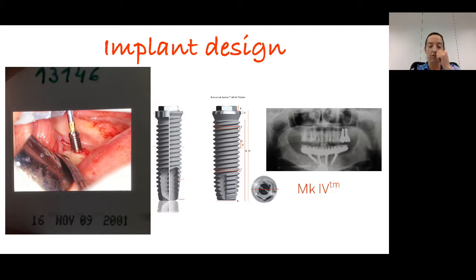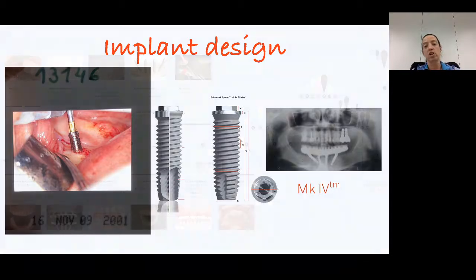In the majority of mandible cases, we could have good primary stability. Everything was okay. But then we wanted exactly the same type of protocol in the maxilla. When we started to do our maxilla cases, we ended up with a very big challenge.